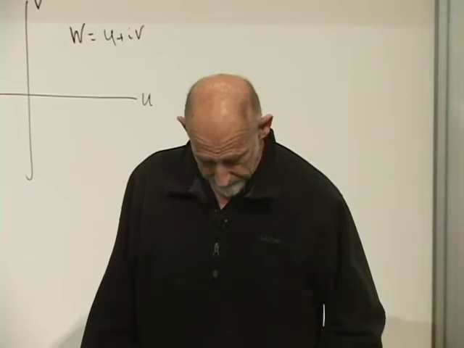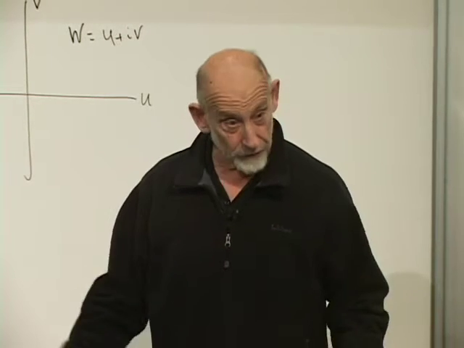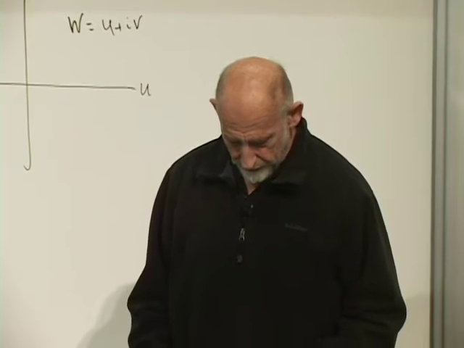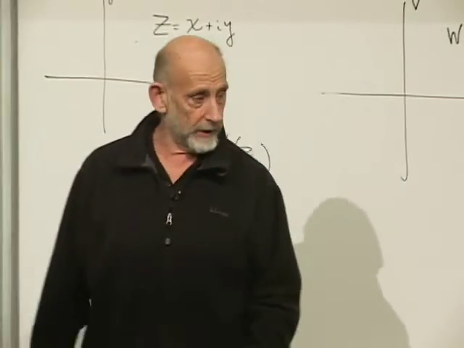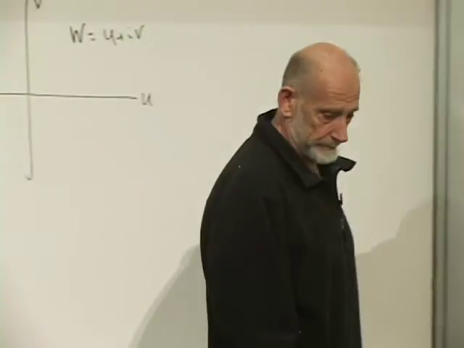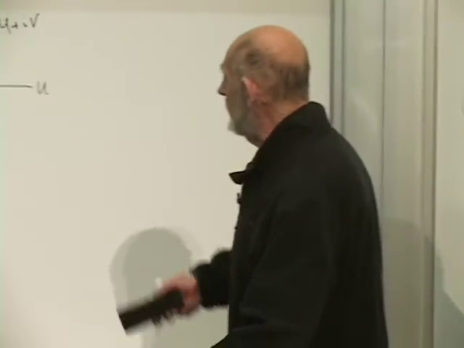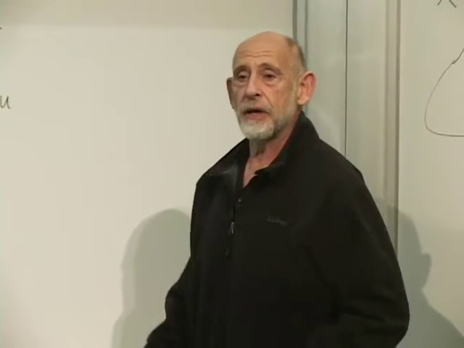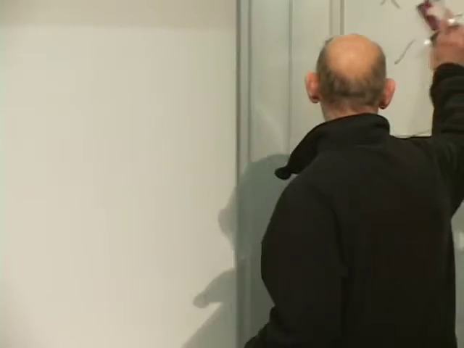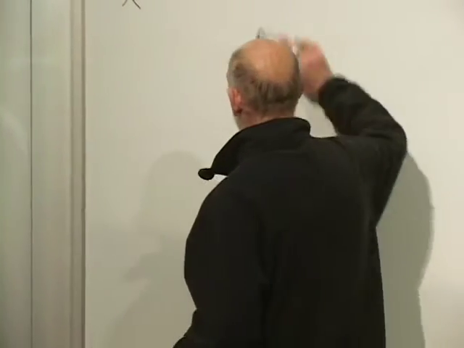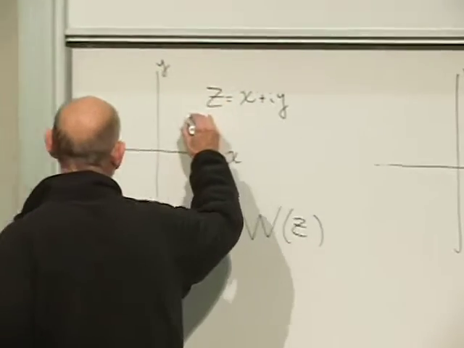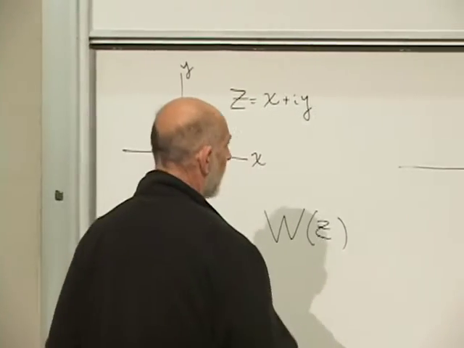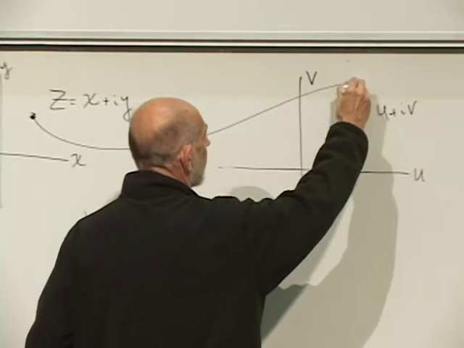Now, there is a calculus of complex functions like this, called complex variable theory, and let's just spend a few moments on it. There's both an integral and a differential calculus, but we're going to concentrate on the differential calculus. Given a function w, we can try to define a derivative of w with respect to z. We can try to define a unique derivative, and here's the way we would do it. Start at a point z, and at every point z, that corresponds to some point over here, w.